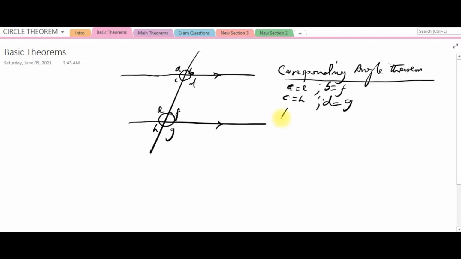So the next one is alternate angle theorem.